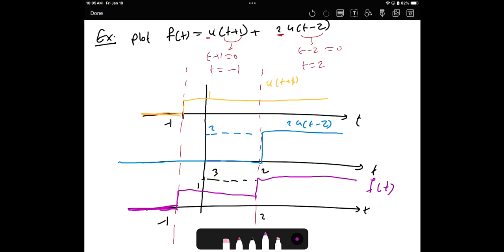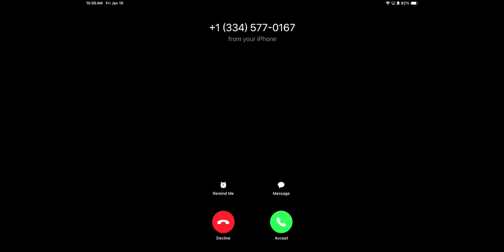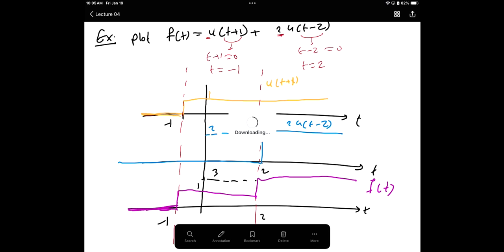Okay, does this make sense? Basically, the first thing you need to make sure of is what the weights are. One of them is 1, one of them is 2. The other thing is you need to locate where each term will transition or be activated.